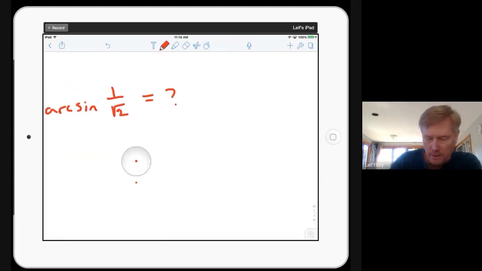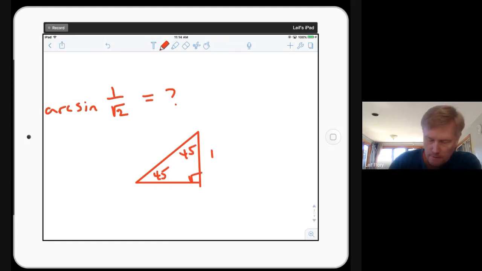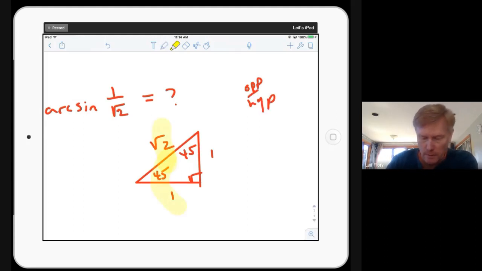If I take my two right triangles, the 30, 60, 90 and the 45, 45, 90, which angle has the opposite of 1 and the hypotenuse of the square root of 2, because sine is opposite over hypotenuse? That would quickly tell me that it would be 45 degrees, okay?